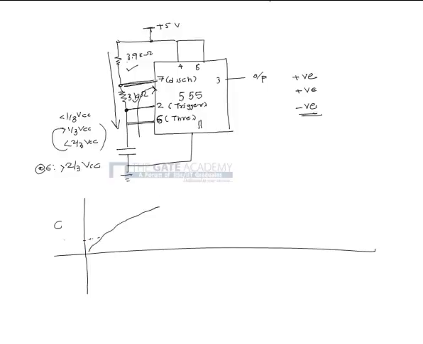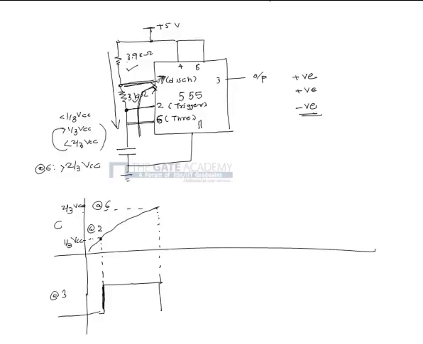Whenever it reaches 1/3 of VCC, output switches to high, and whenever it reaches 2/3 of VCC, that means at pin number 6, and here it is at pin number 2, output switches to low, and whenever the output goes low from high, it turns on the transistor at pin number 7 and it starts discharging the capacitor.